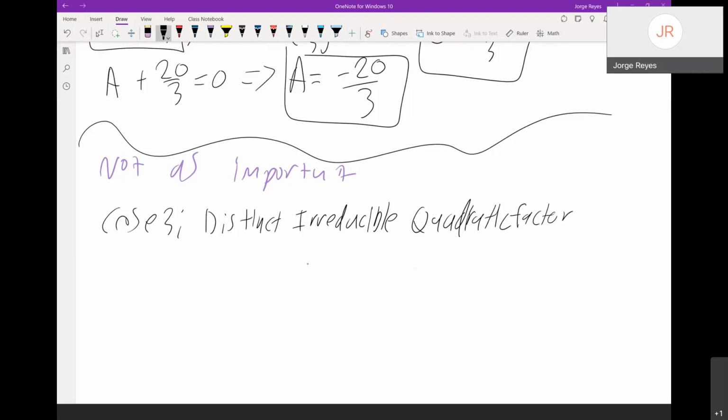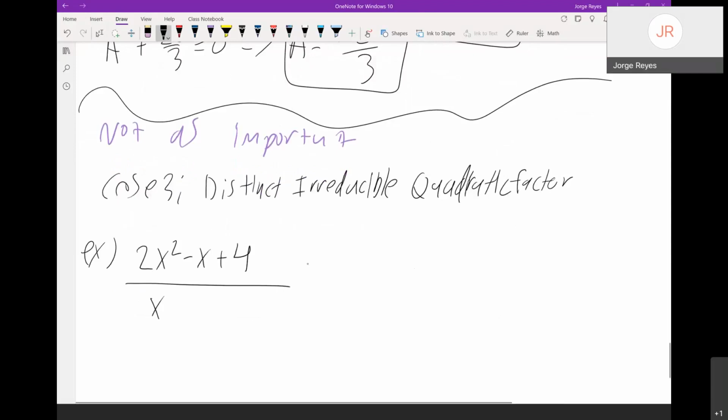Okay, so what do I mean? I mean this. The example is we have x cubed plus 4x on the bottom, right?